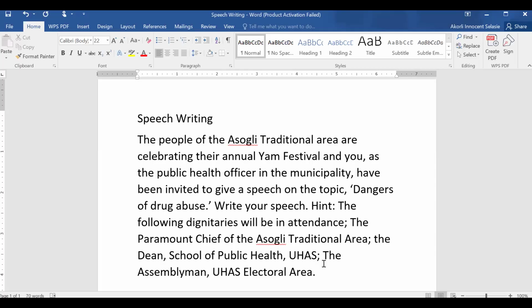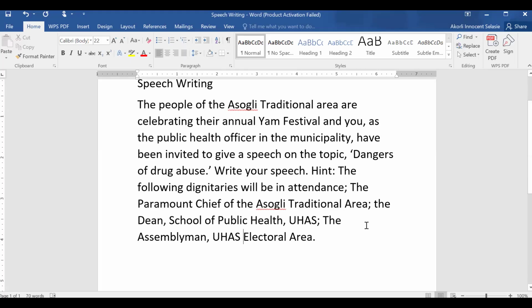Hint: the following dignitaries will be in attendance: the paramount chief of the Asobi traditional area, the dean, School of Public Health, UHAS, the assemblyman for the electoral area. Of course, you can even add the MP, the member of parliament. So this is a task that is set before you.